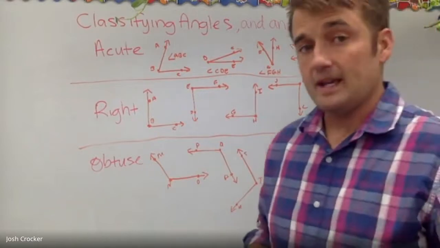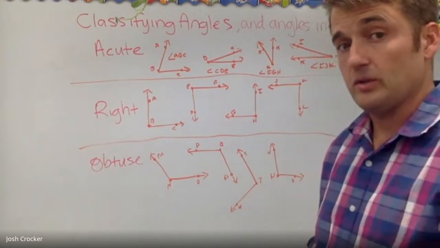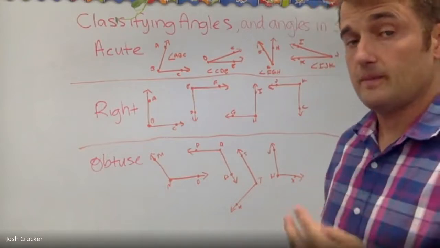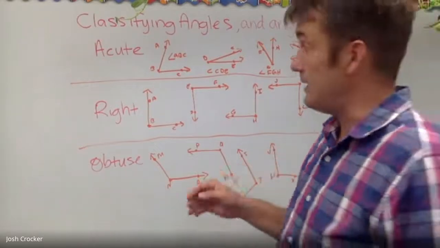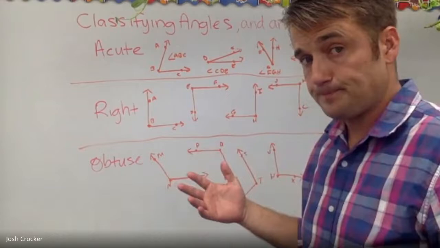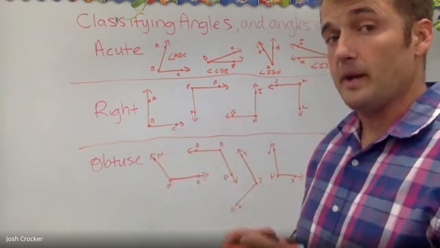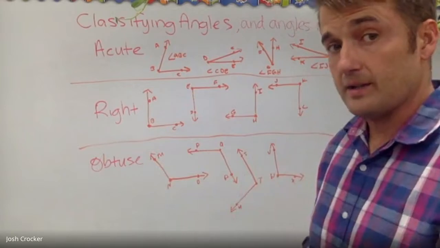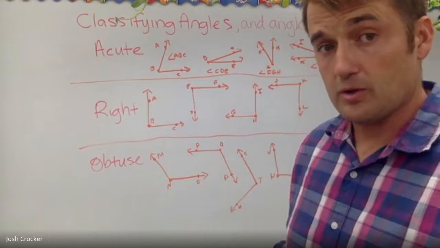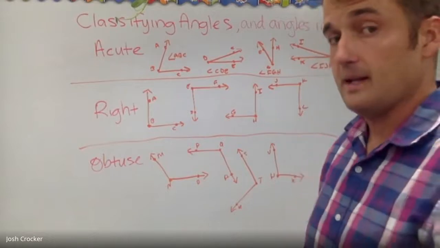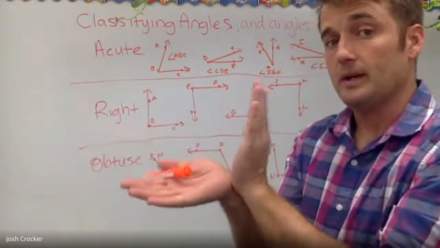So we take these angles and we put them into three groups. Okay, the first group we call acute, and acute angles are angles that are measured at less than 90 degrees. Okay, so there's this thing called a protractor, and it basically just measures how wide open an angle is.